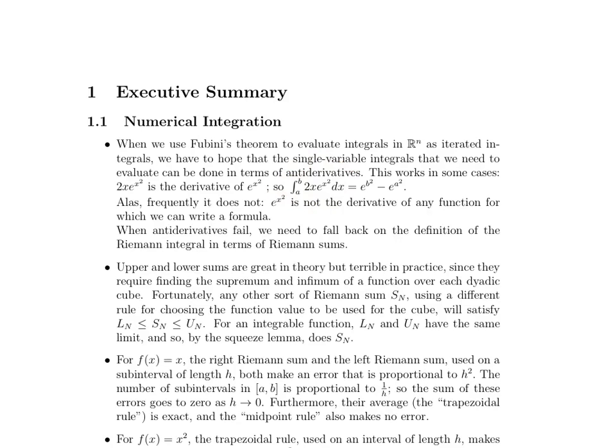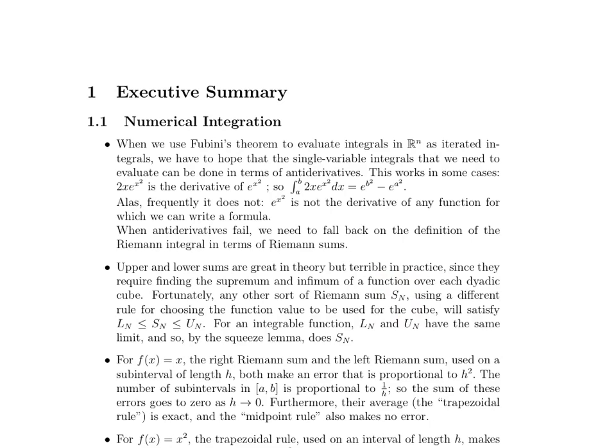What's great though is that we know that all of the function values over that cube will be less than or equal to the supremum and greater than or equal to the infimum, so we don't actually have to find the supremum and the infimum.